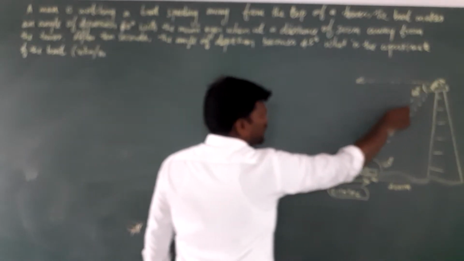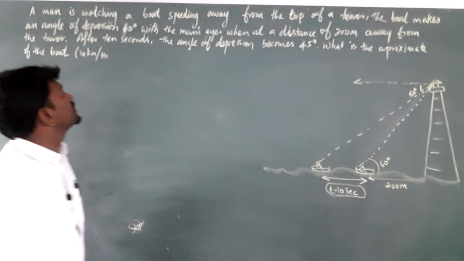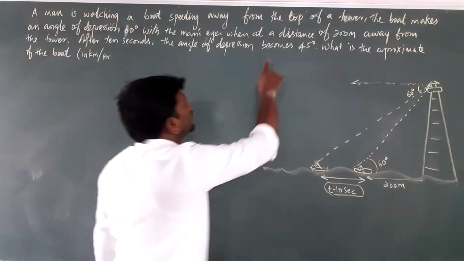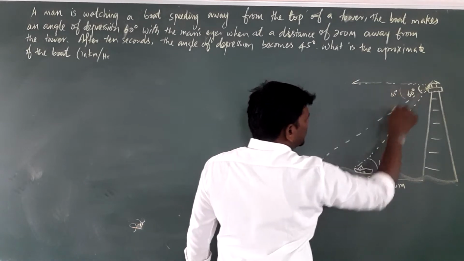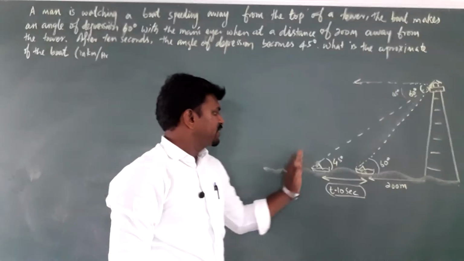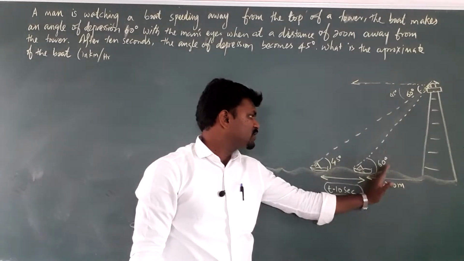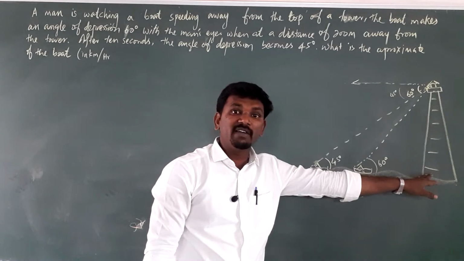Now the angle of depression becomes 45 degrees. So this is 45 degrees. See, when the boat comes closer to the tower, the angle of depression will increase.